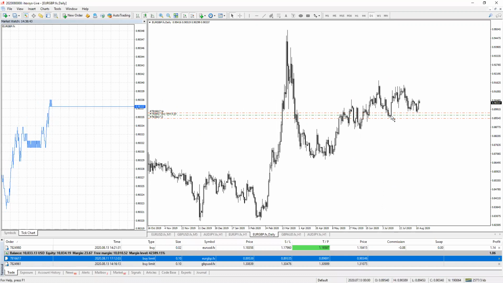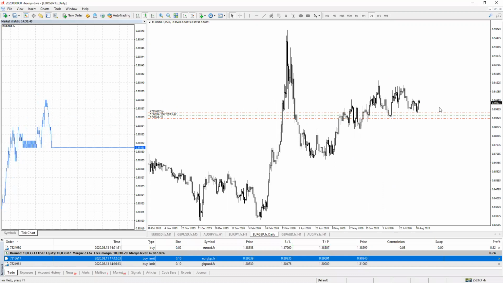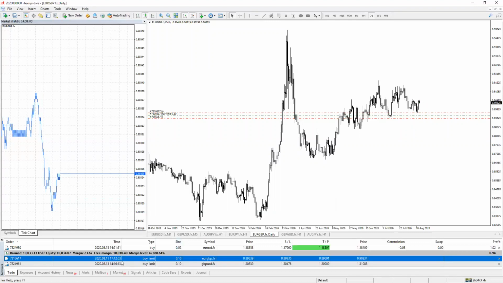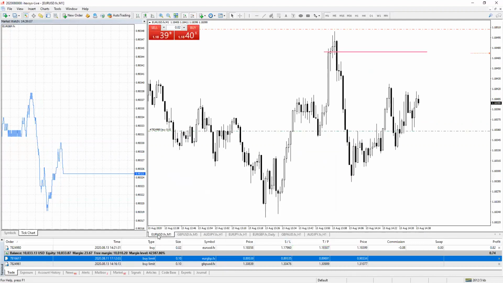Maybe it's flagging all the way here. Yeah, it's still a risky thing, but we do have a very delicious compression here to take a scalp. Euro US dollar is climbing up.